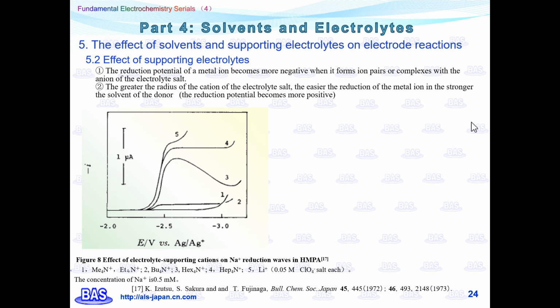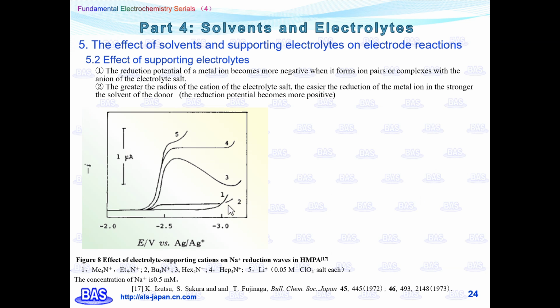Figure 8 shows the influence of the cation of the supporting electrolyte on the polarographic reduction wave of sodium ions in the HMPA solvent. When the supporting electrolyte cation is the tetramethylammonium or tetraethylammonium ion, the sodium ion cannot be reduced at all, and only residual current can be seen.